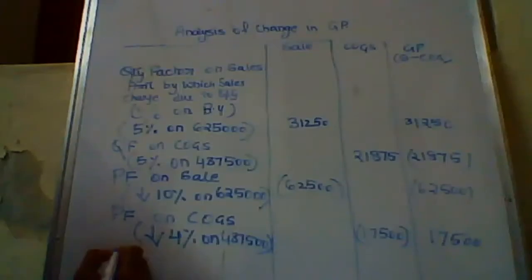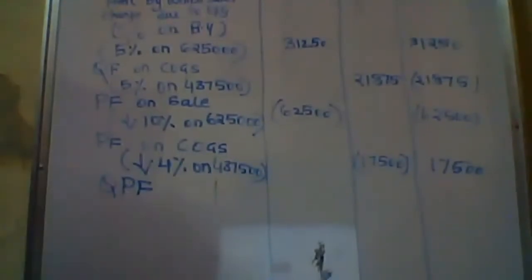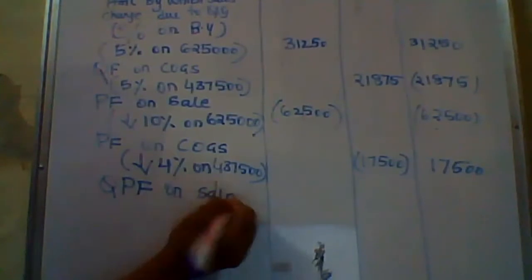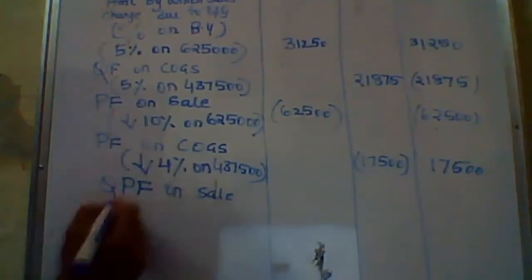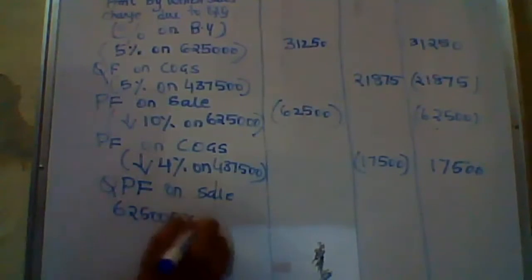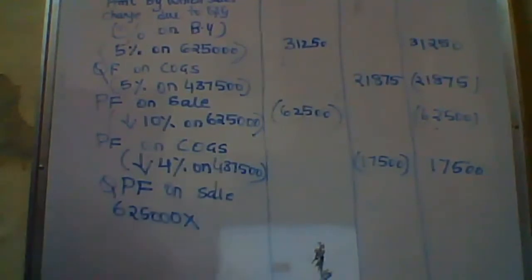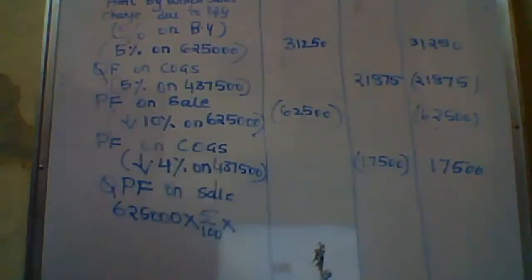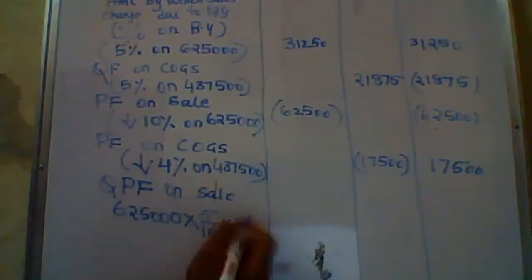Now we will do both quantity and price factor. First we will do on sales. Take the sales, 6,25,000, into how much is the quantity increase, 5%, and how much is the price decrease, 10%.